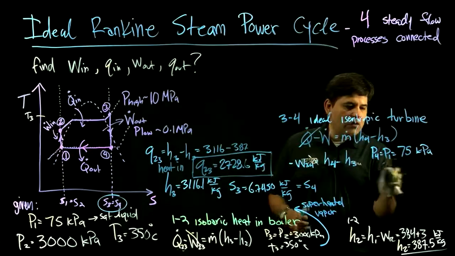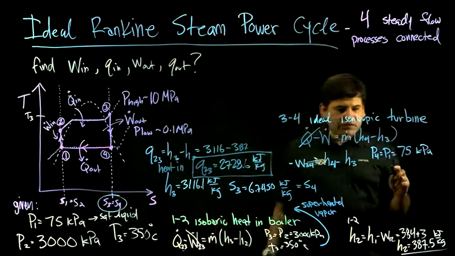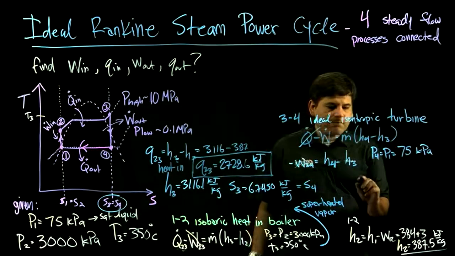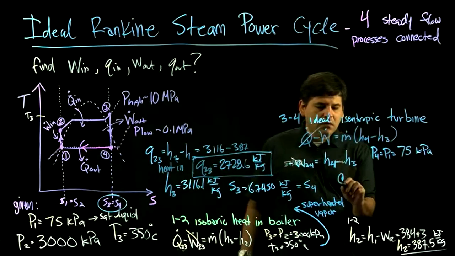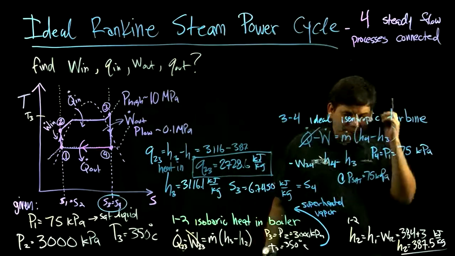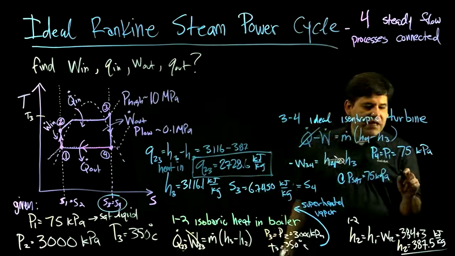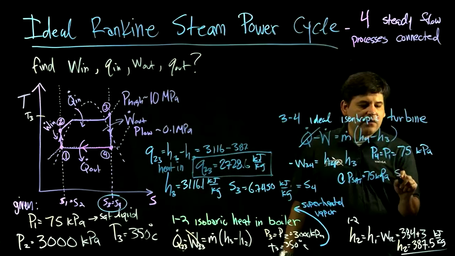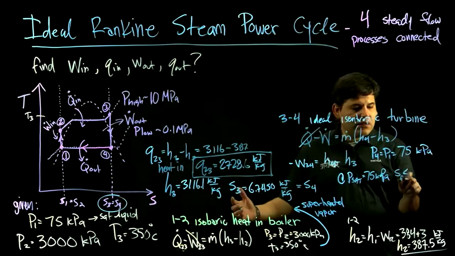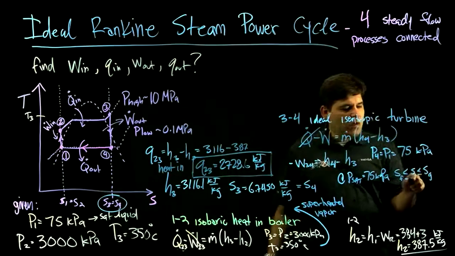So at Psat equals 75 kPa, if you're within this dome, that means the entropy you have is either the same as the saturated liquid line, or the same as the saturated vapor line, or somewhere in between.